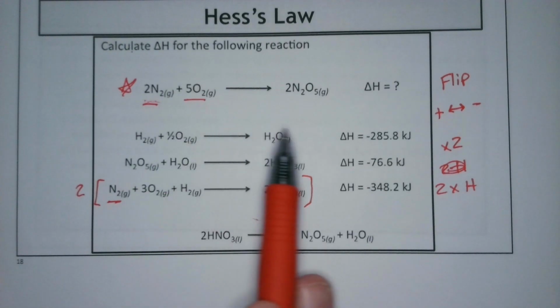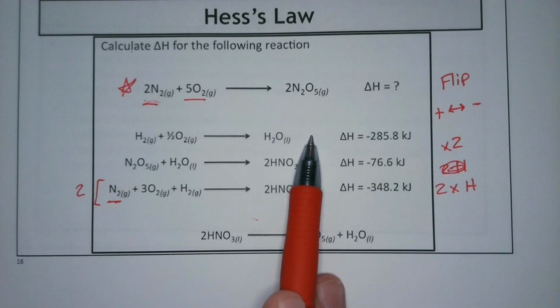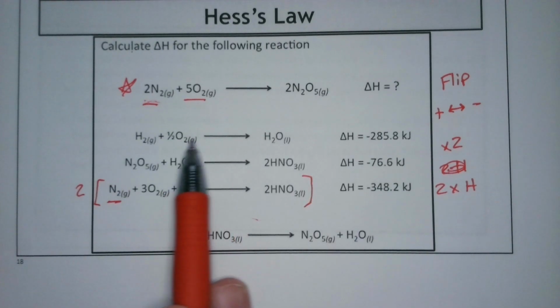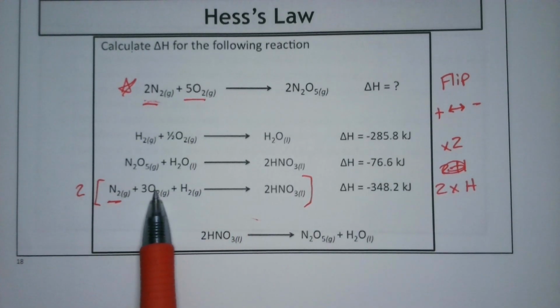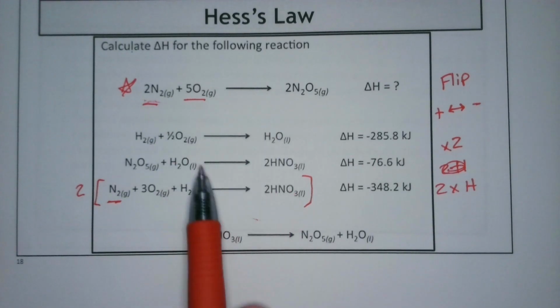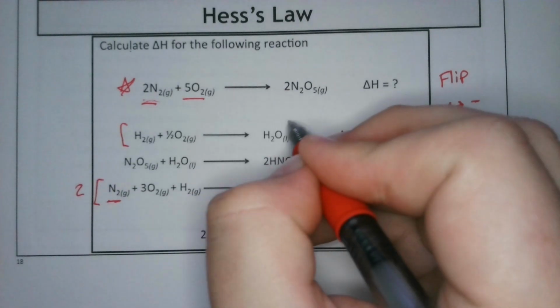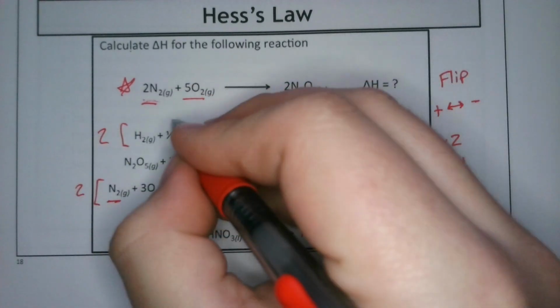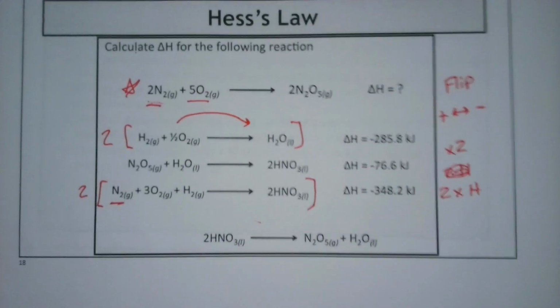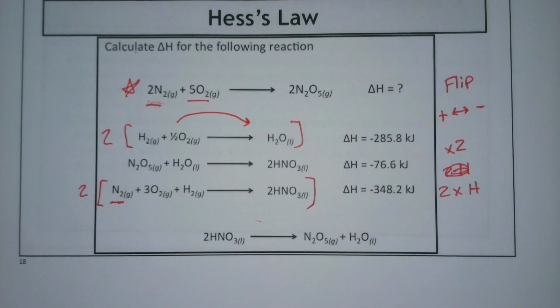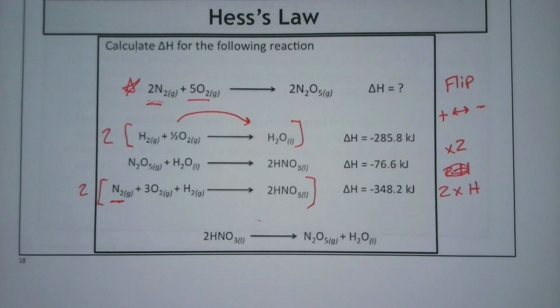If I flip this one to the right, and it's a product, and then I double it, so it's just 1 oxygen, you would end up with 6 oxygens on the left, 1 oxygen on the right, and then it would equal 5. So for this top reaction, I'm going to have to double everything and flip it to make the oxygens work out. And we'll kind of work on the canceling and everything as we rewrite it.